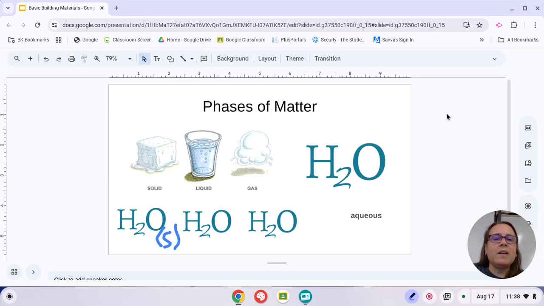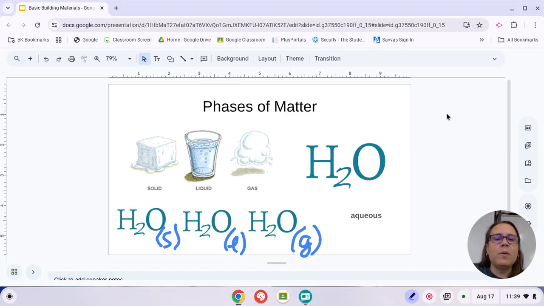Because water can be in a lot of different states, sometimes it's helpful to know, well, is this ice, is it water, or is it steam? So liquid water would be an L. It's supposed to be a cursive L there. L for liquid, and a gas would be a G for gas. So easy enough. We can designate what state of matter that particular chemical is in.